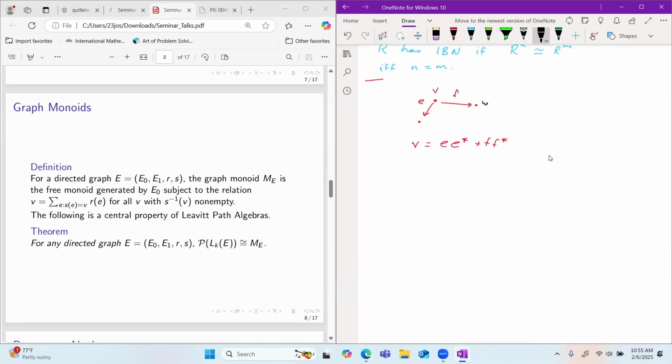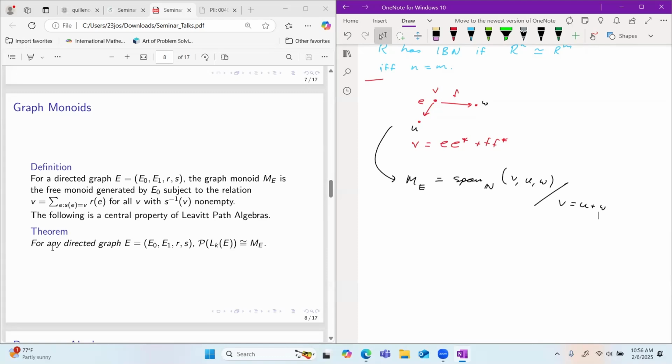We label these V, W and U. Then in the graph monoid of this thing, it would just be the monoid generated on symbols U, V, W. So I guess we can say natural numbers, I don't know how we'd write this, span of the natural numbers V, U, W, subject to the relation that V is equal to U plus W. So that's the graph monoid there.